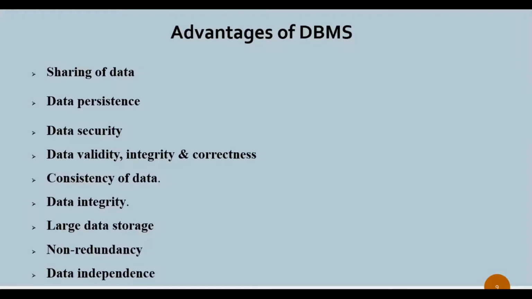Data persistence. Data exists beyond the scope of the process. If I've designed a system to manage school details or a student's detail, that information is going to stay in the database until I come and remove it. That is what we call data persistence.